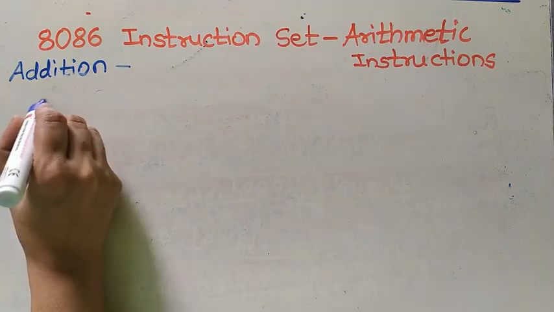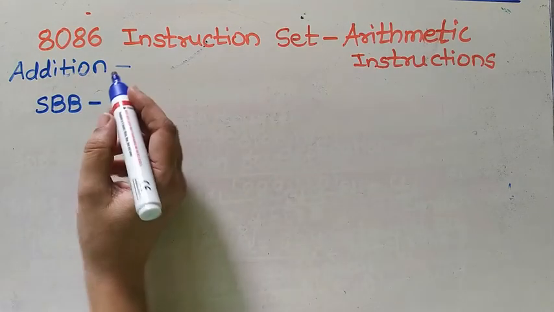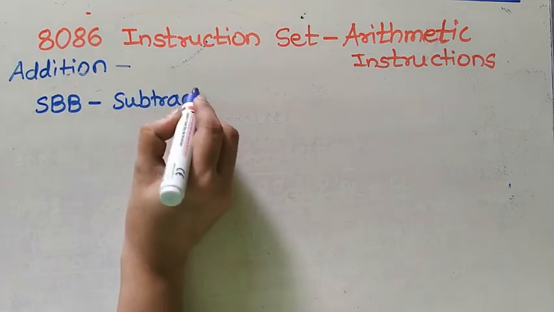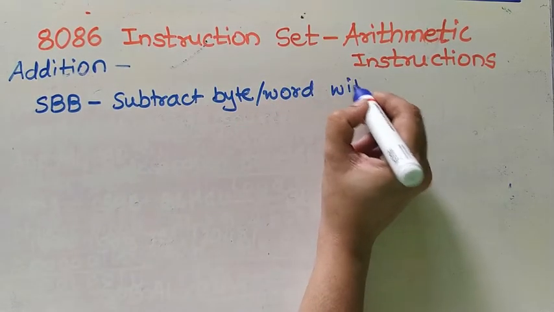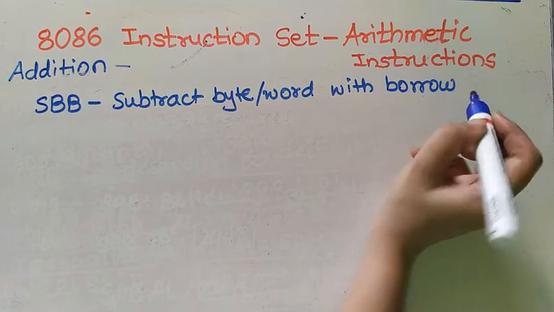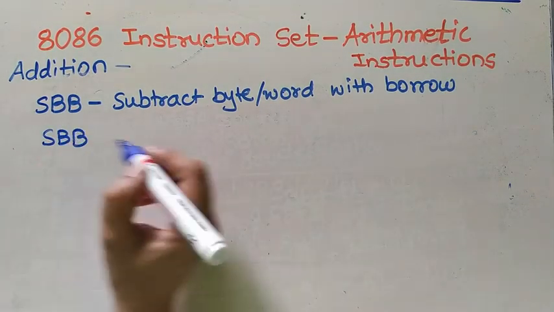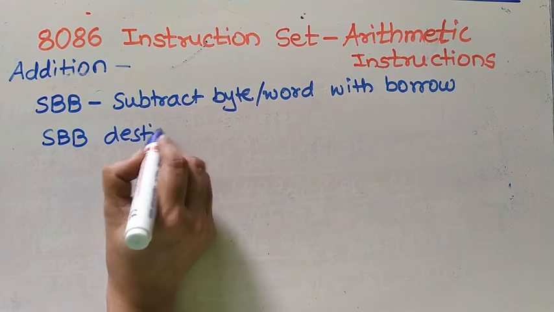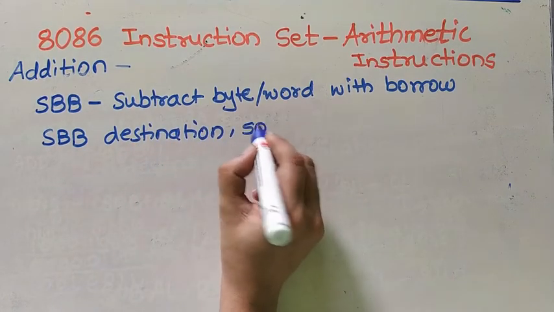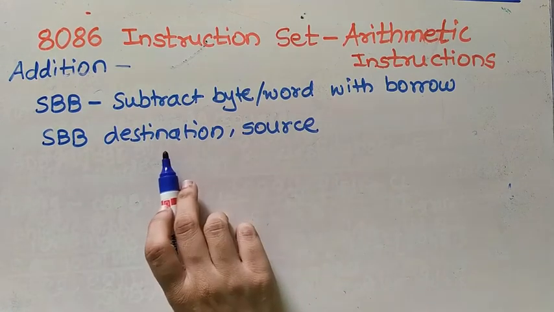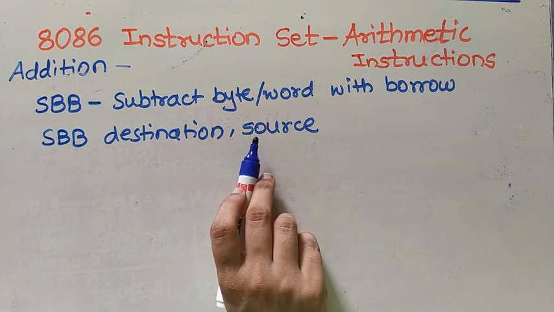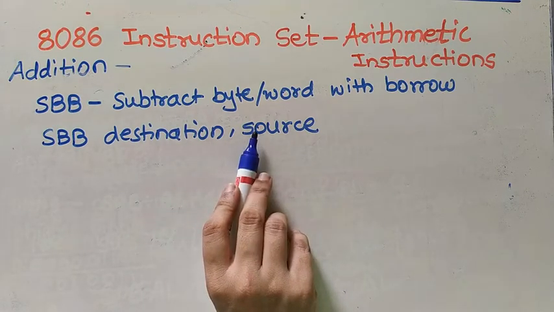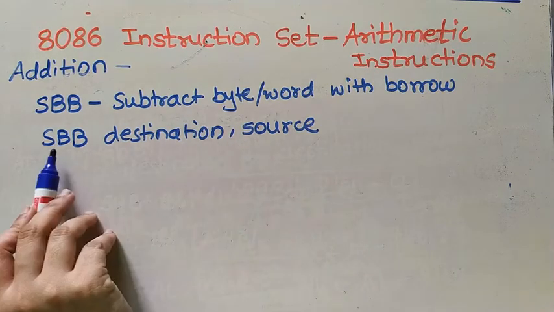Next instruction is SBB. SBB stands for subtract byte or word with borrow. Mnemonic is SBB destination, source. Here source and destination can be register or memory location, or source can be immediate data, but both cannot be the memory location. Here the sign flag is not affected after execution of SBB.